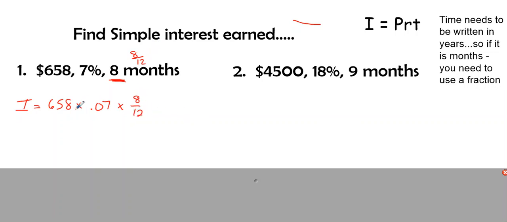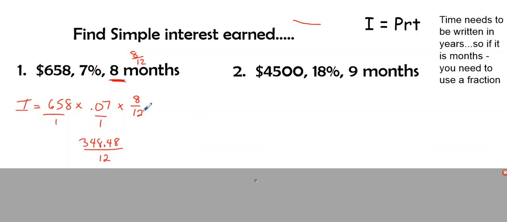Okay, now we know how to multiply fractions. We could just put ones underneath them. All right, so you're going to multiply straight across. So when I do that, 658 times 0.07 times 8 equals 348.48 over 12, because I need to divide it by the 12 months.